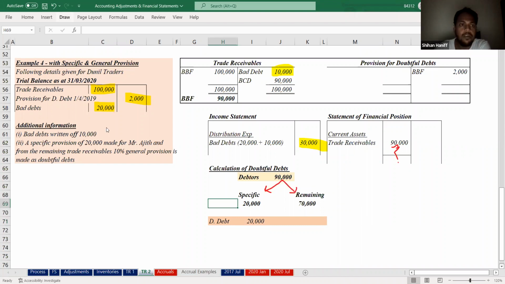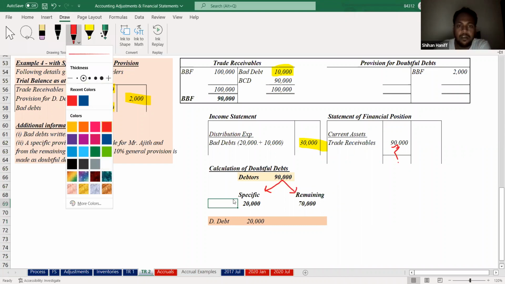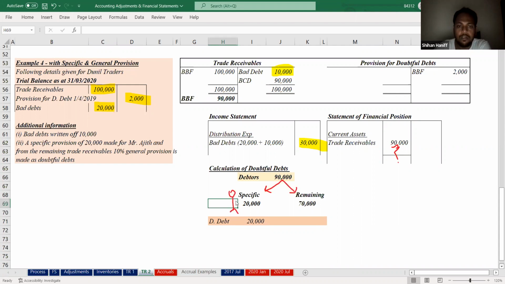So his full amount is doubtful. Out of remaining, we have to make 10% general provision. So if you make 10% from this, 7,000. So total is 27,000. Total doubtful debt is 27,000.